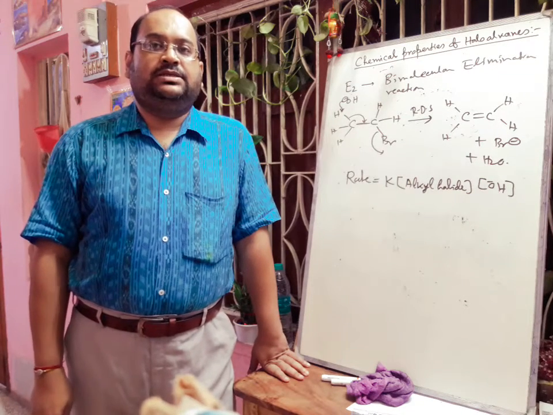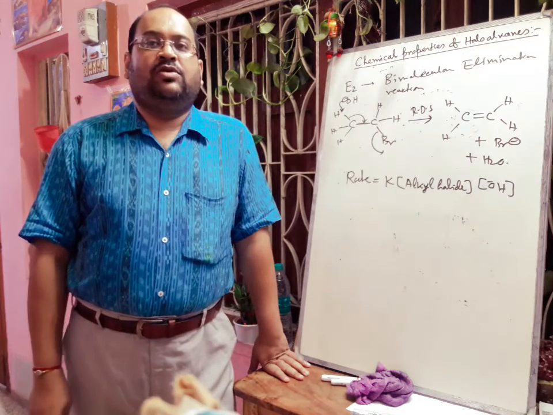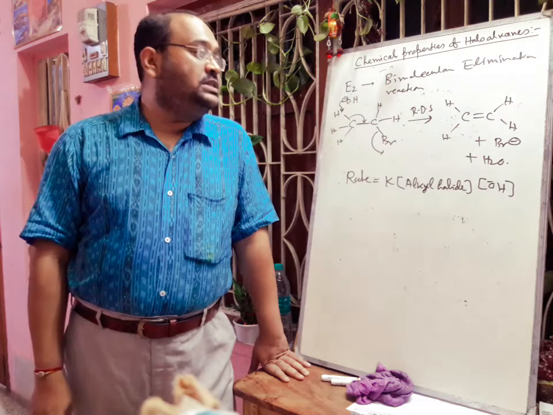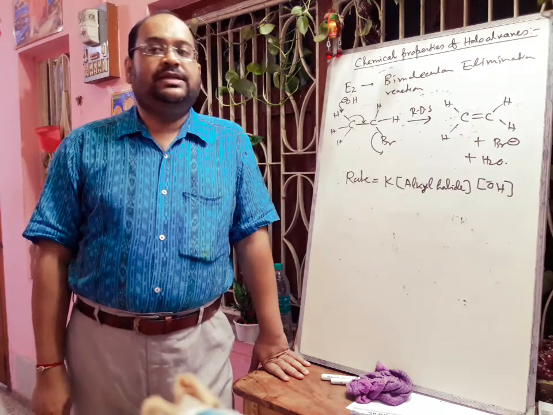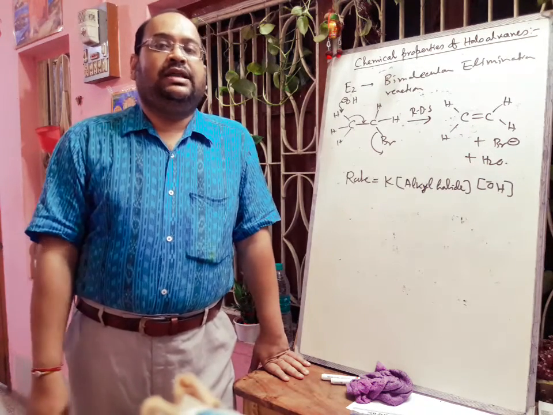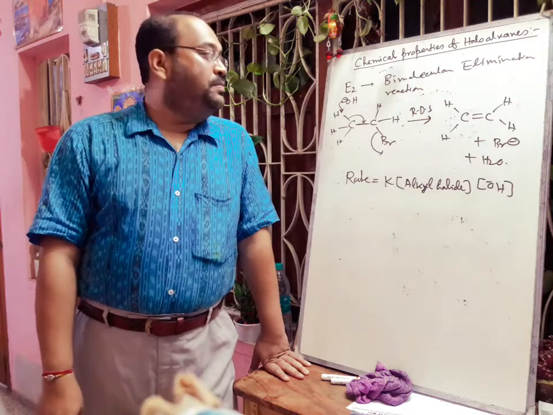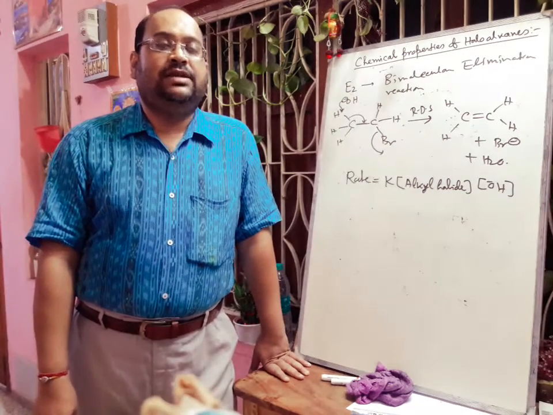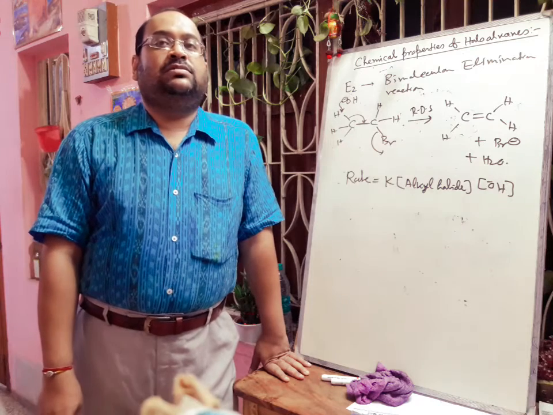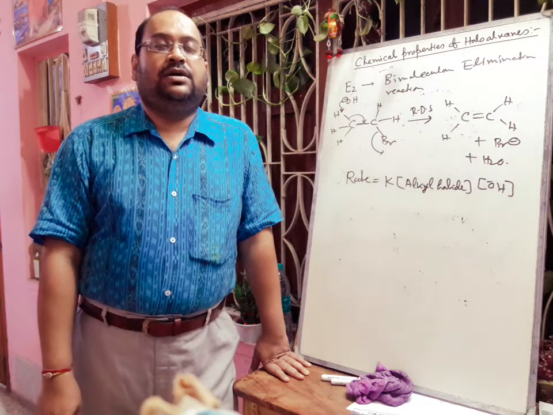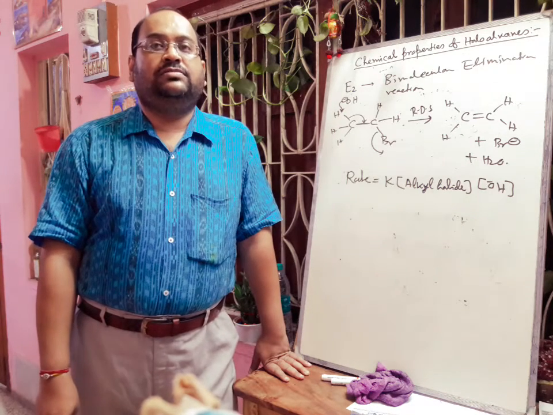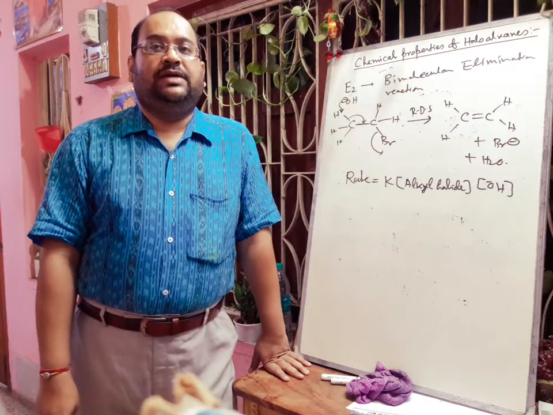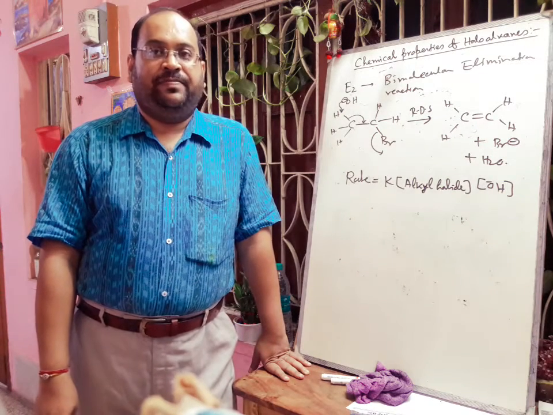Now from these two types of mechanism we can easily understand that E2 elimination generally occurs in the case of primary halides, but E1, because of the stability of the carbocation, will be observed in tertiary alkyl halides.